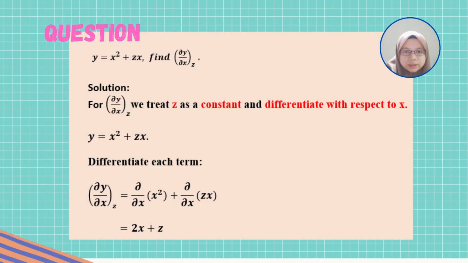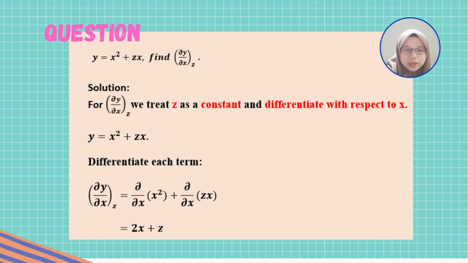Alright, we move on to the next slide. This is the solution for the equation that we have seen in the previous slide. y equals x squared plus zx, find dy over dx with z constant. Solution: we can treat z as a constant and differentiate the equation with respect to x.